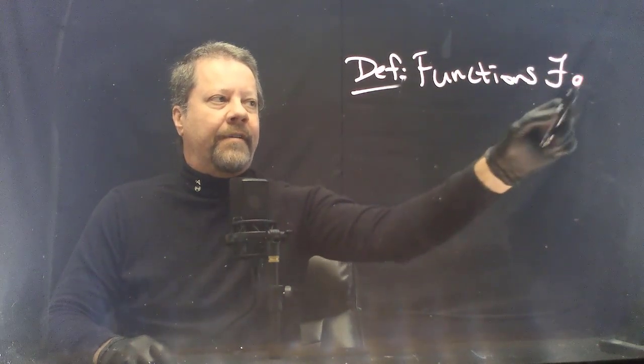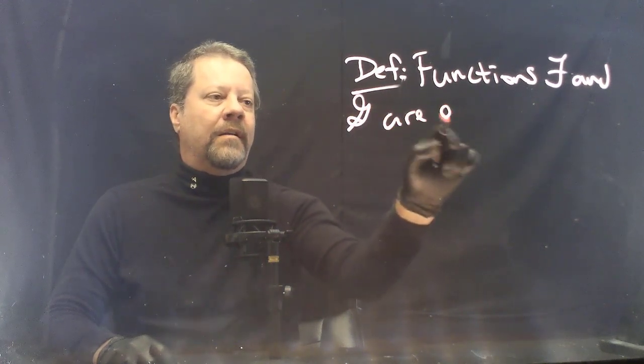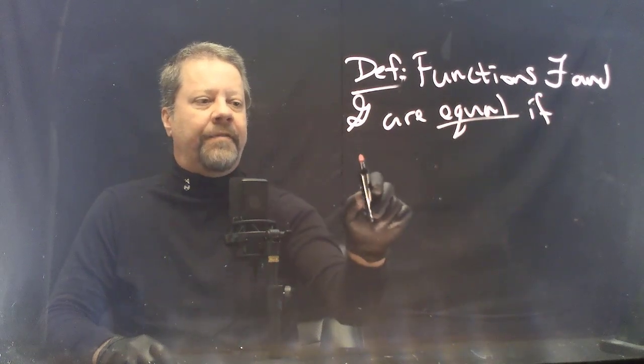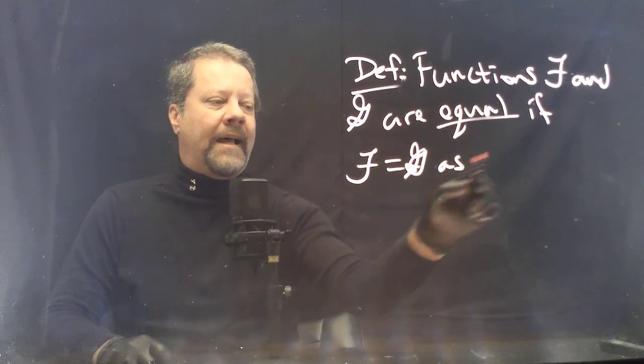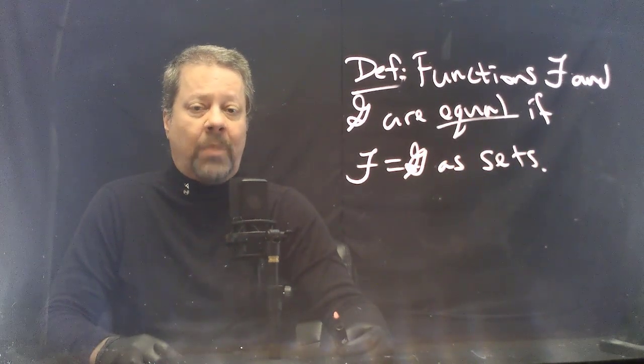Functions f and g are equal if f equals g as sets, if they're equal as sets. In other words, if they have the same points.